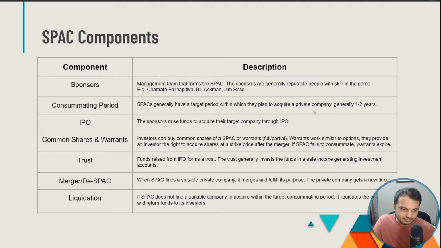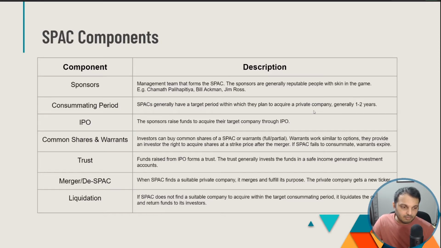They're worthless. And then the trust: all the money that is raised from the IPO is put in a trust. Generally they're placed in a safe interest-bearing account, so they are generating some sort of money, and that money is often used for operations and whatnot.